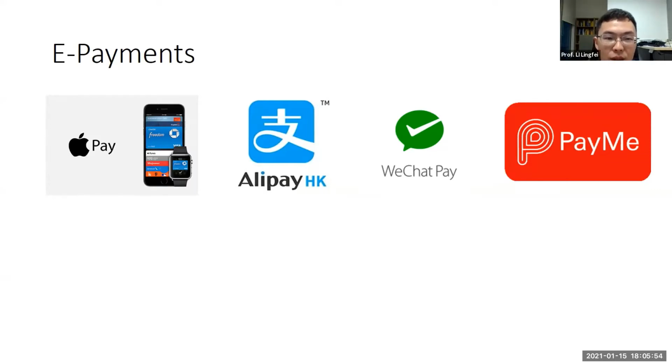So we see that these digital payment apps definitely make our life more convenient. You don't have to carry physical wallets. You don't need cash. You don't need physical cards. You just carry your phone with you. One phone basically solves every problem. So convenience is really one big advantage.